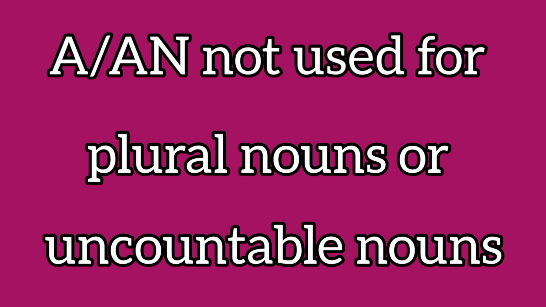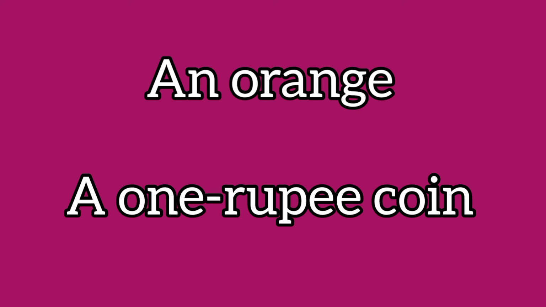A university professor. So we see that for the consonant starting sounds of W and U, we will use the indefinite article a. Whenever a noun starts with the consonant sound of W or U, we will use a before them, although their spellings may start with a vowel letter.